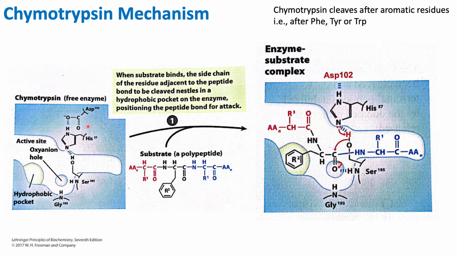Chymotrypsin is an enzyme that cleaves after aromatic residues such as phenylalanine, tyrosine, or tryptophan. Within the active site of chymotrypsin, we see a hydrophobic pocket, an oxyanion hole, a glycine residue, and 3 different amino acids over here.